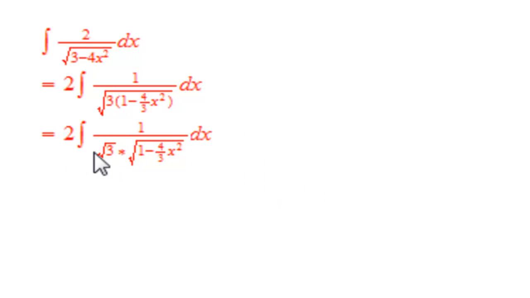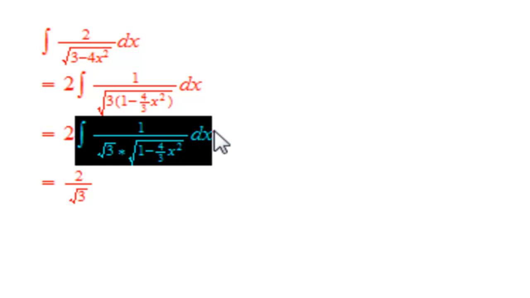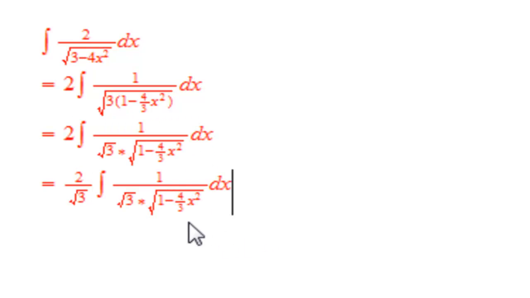And then that square root of 3 can float out. So we'll have equals 2 divided by the square root of 3. Okay, and then we have this integral here. Now, the square root of 3 is gone.